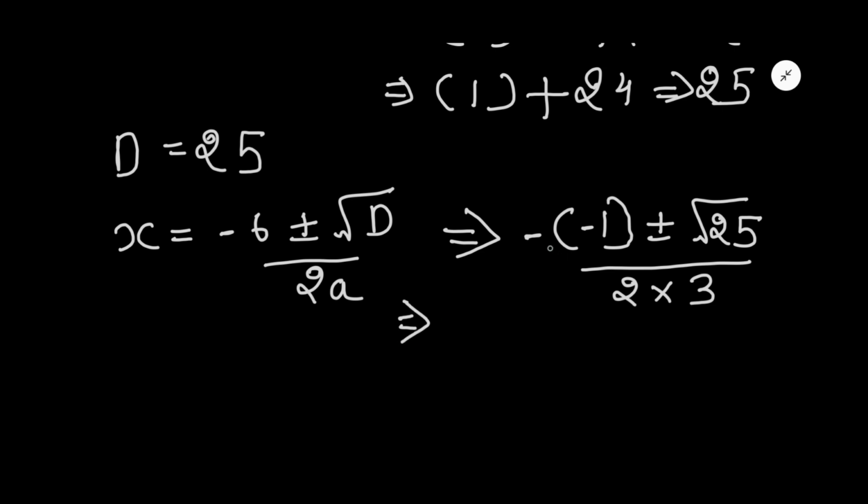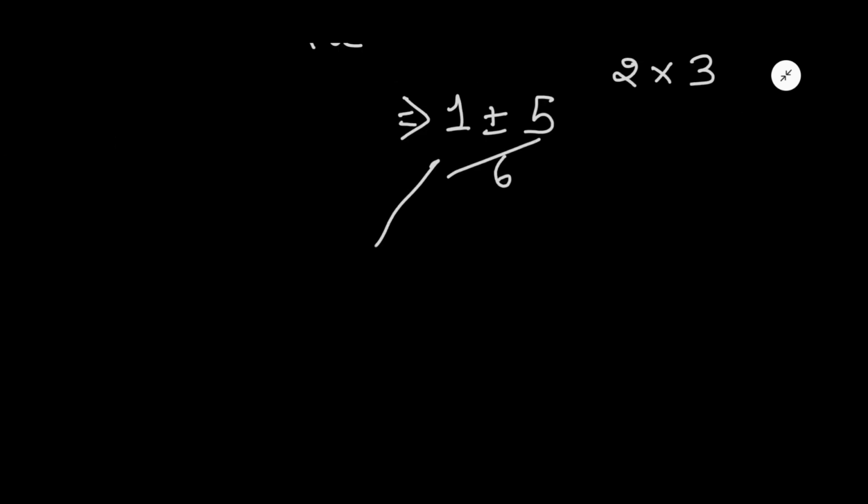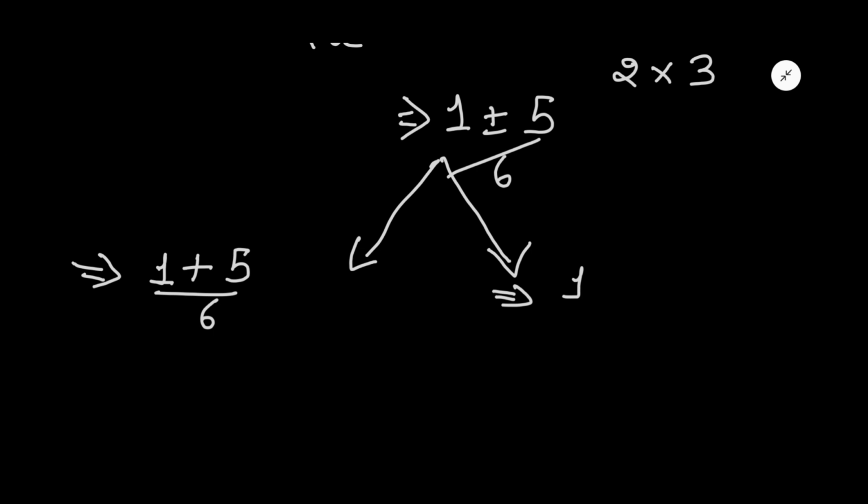So if we calculate, minus minus is plus, so 1. As we know, the square root of 25 is 5. 2 into 3 is 6. So we have two equations. One is 1 plus 5 upon 6. The other one is 1 minus 5 upon 6.